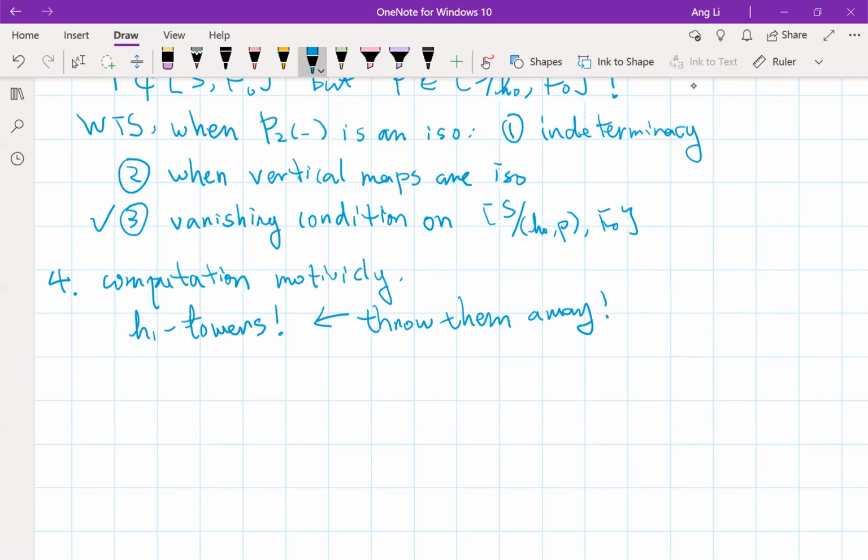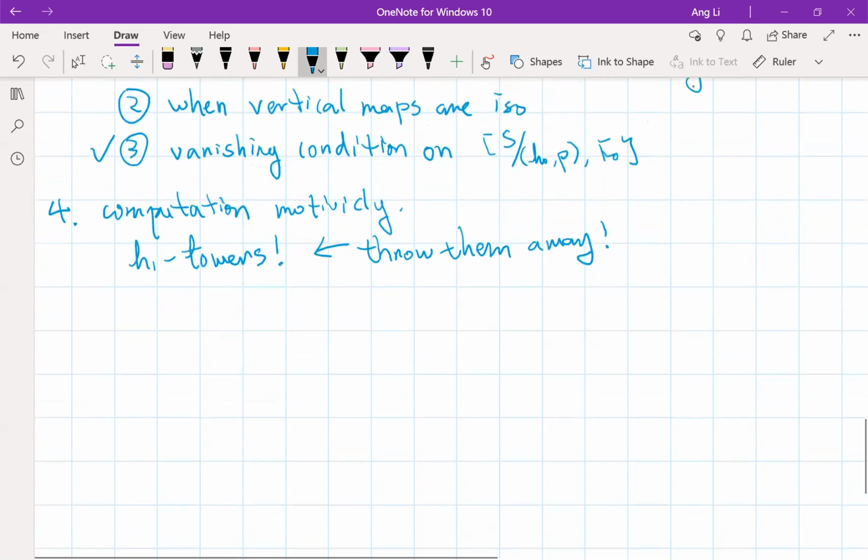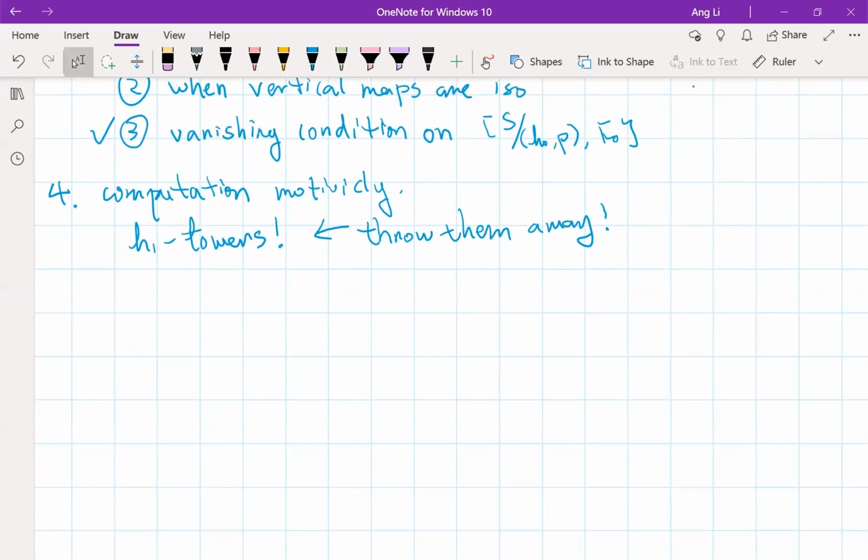Well, this is the idea, but mathematically, how? And then that is to say we need to consider another fiber sequence. Because we have used that to throw away the H0 tower, and we can also consider using that to throw away the H1 tower.